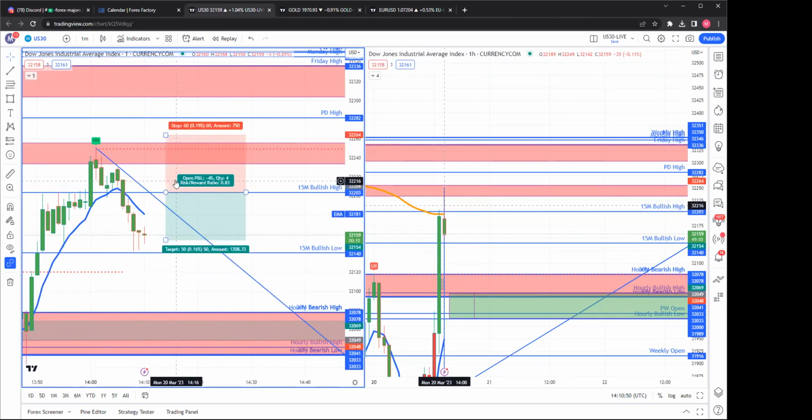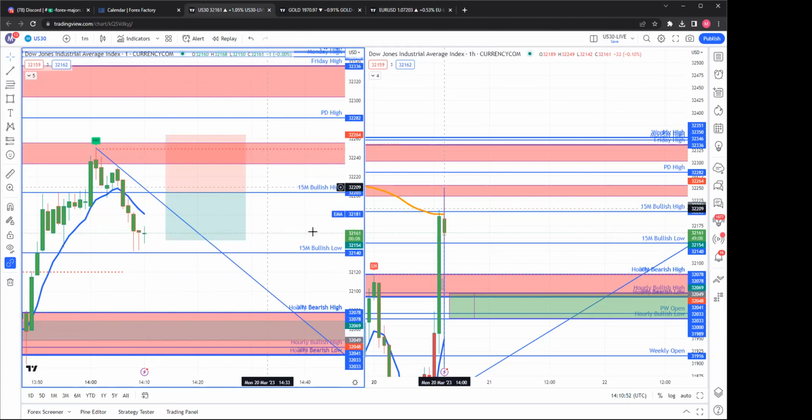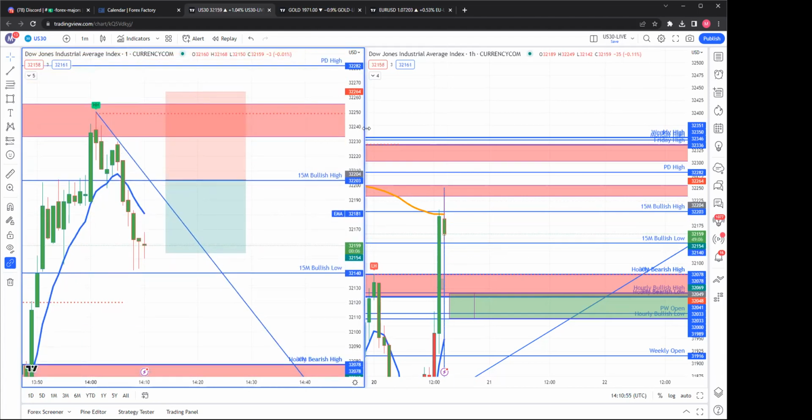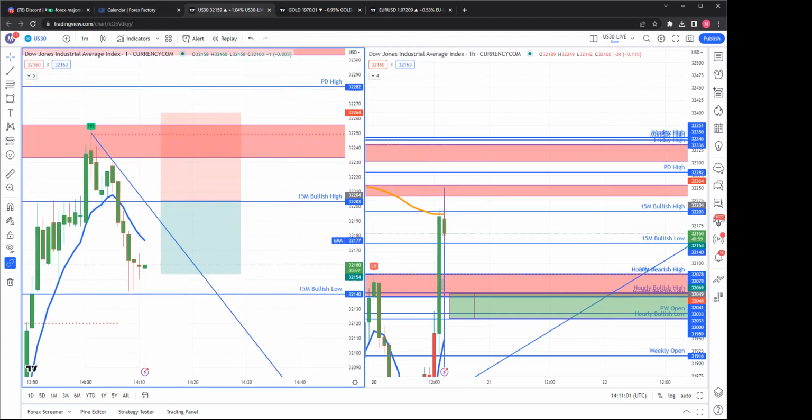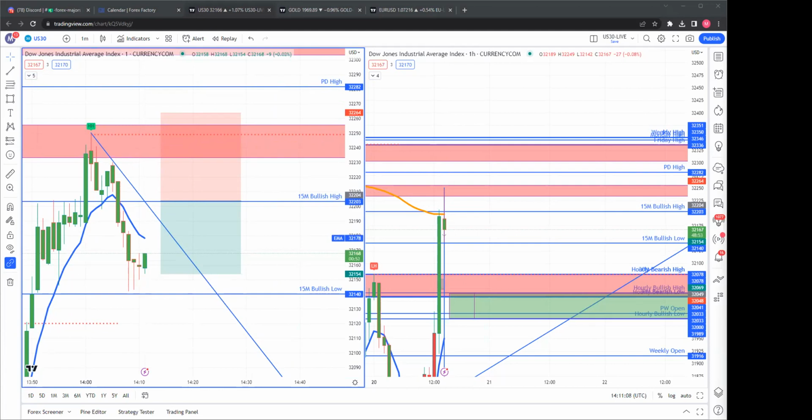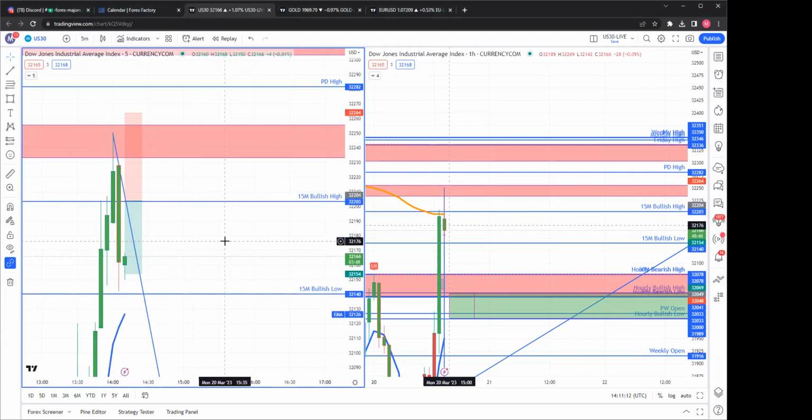You can see price is still coming back up, but then you can see where price is rejecting from the 15-minute bullish low. US30 is ideally still bullish. I'm waiting on the 5-minute, so no worries on that.